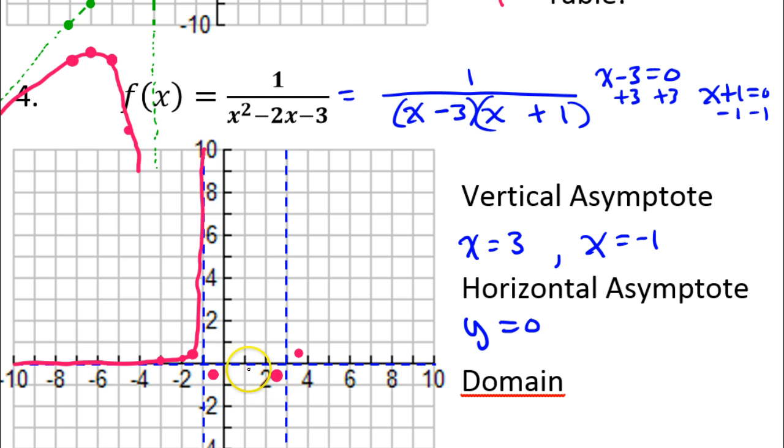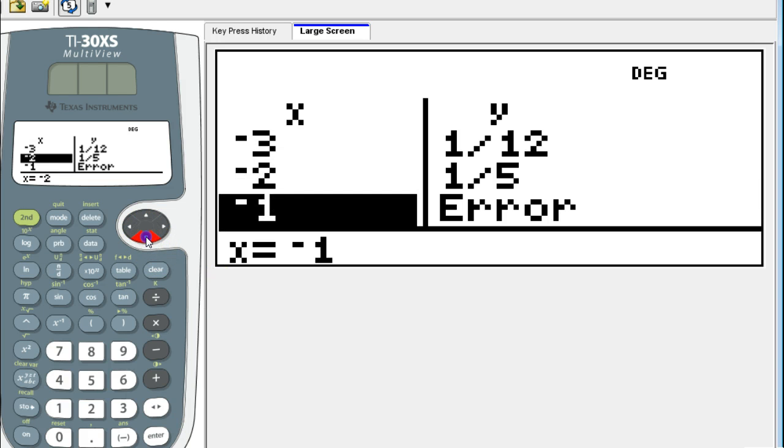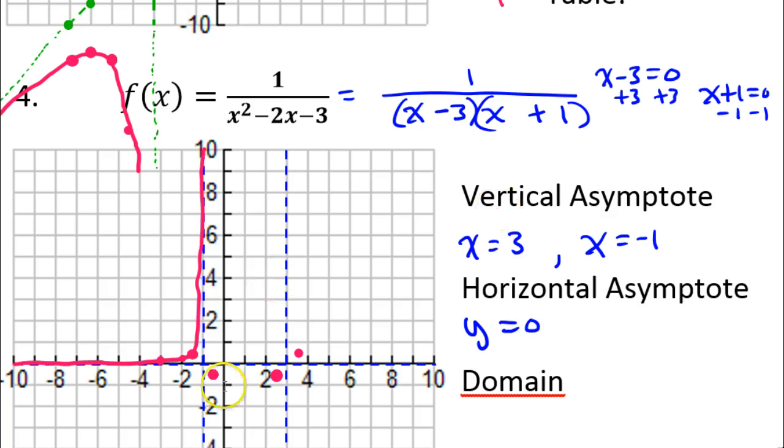Now in the middle, I need at least one more point, because I want at least 3. Let's see what's happening at 0 and 1 and 2. And so we can just scroll through. At 0, we're at -1/3 of a unit. Okay, so that's going to be right there.